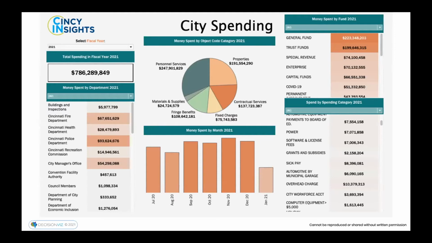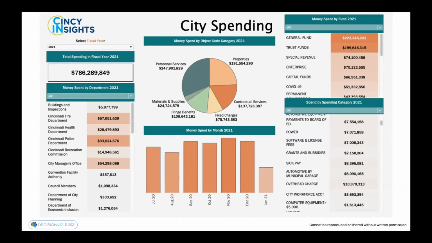City spending could mean so many different things, especially depending on who is reading it, because it could be someone from finance. Maybe it's someone from product planning. It could be the CEO, and they all have different ideas about what they want to see here. So I encourage you to be very specific and as detailed as you can, because it's going to help the reader think about the message that you want to communicate so that everything else they see on the page ties together.